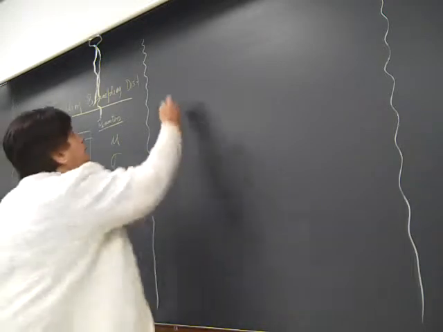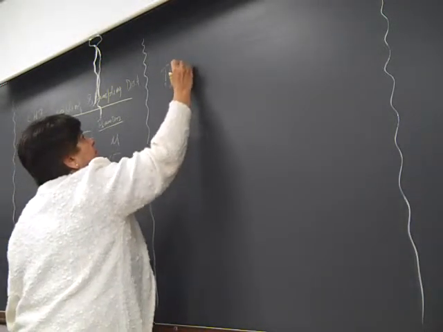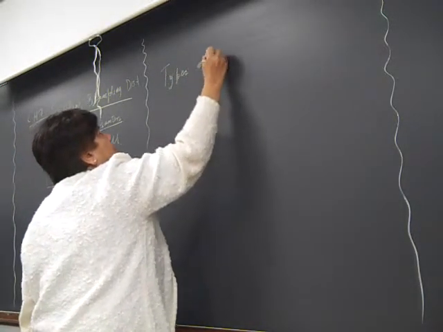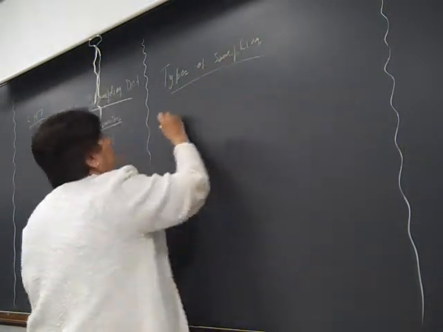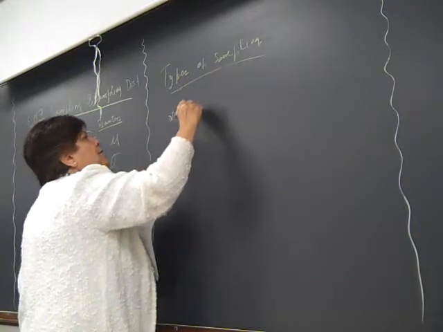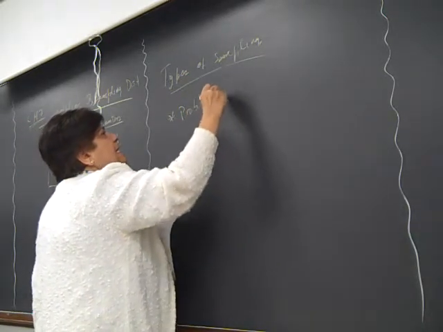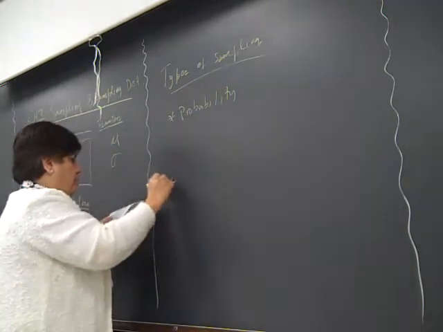We have two types of sampling. Probability sampling, and non-probability.